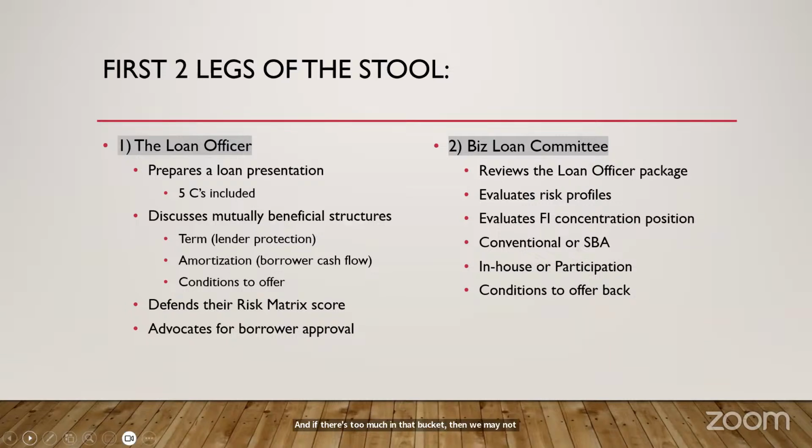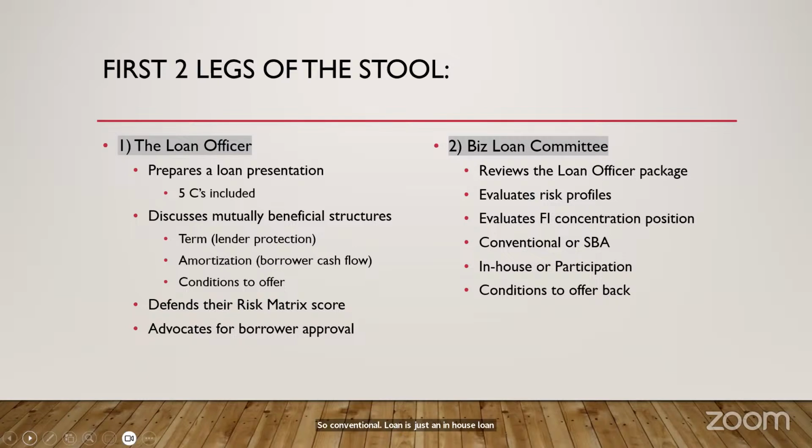Or we can consider what's called a participation loan, where we participate out an additional amount with another credit union or financial institution. The Business Loan Committee also reviews whether it's going to be a conventional or SBA loan. A conventional loan is just an in-house loan.